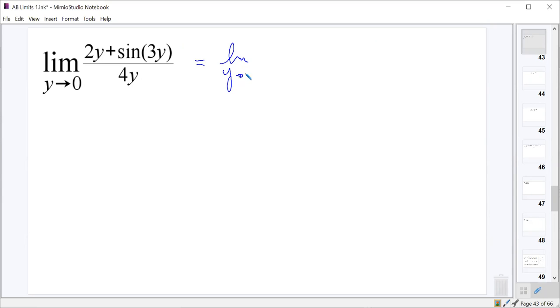We're going to write this as the limit as y approaches 0, and I'm going to separate this into 2 different limits by using addition. Everybody good with that or no? Yes. Yeah. So if we're going to take the limit as y approaches 0 of 2y over 4y, well, that's obviously 0 over 0, but we can cancel out the y's, right?